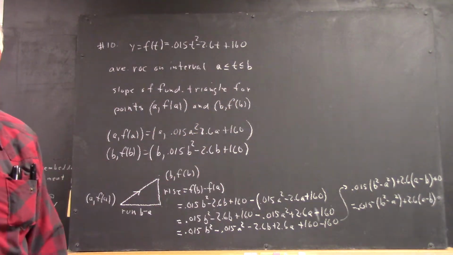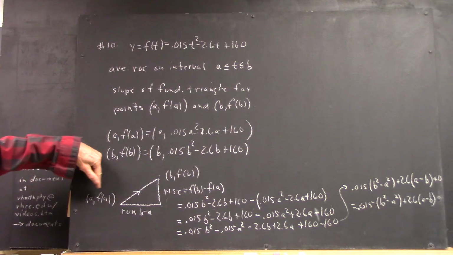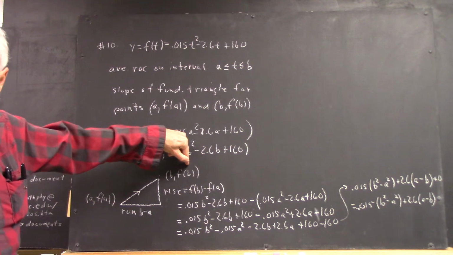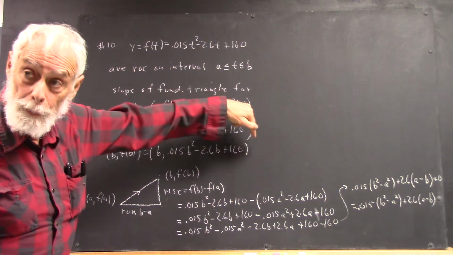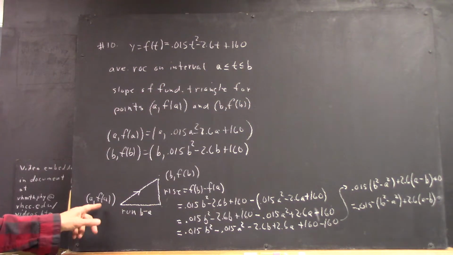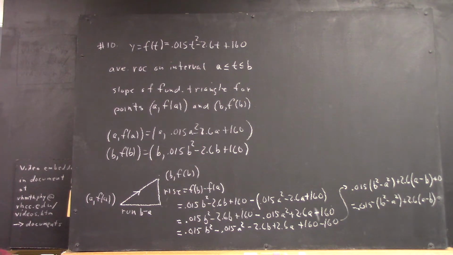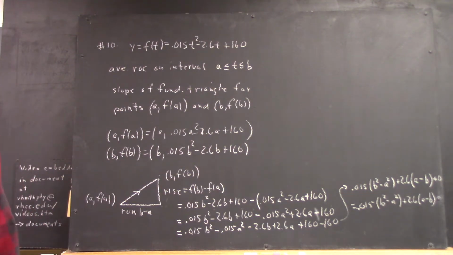these 2 points, right? Now, when I drew the triangle, I did a, f of a, and b, f of b, right? If you prefer, you could do a, 0.015a squared minus 2.6a plus 160, right? You could write that out in detail if you want to take the room, okay? But it's okay to do it this way too, and you have your choice. No real preference.